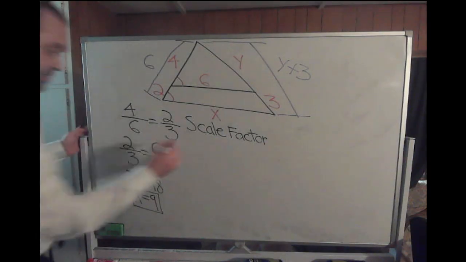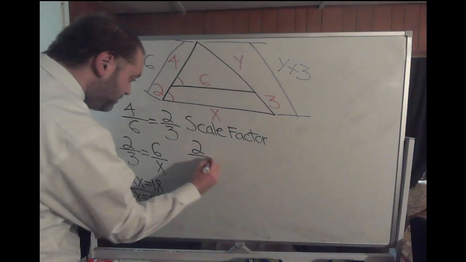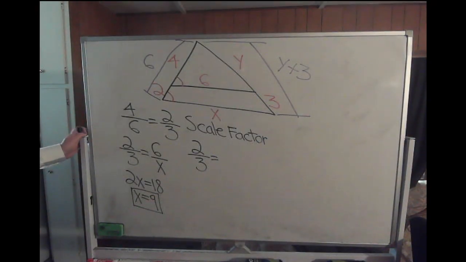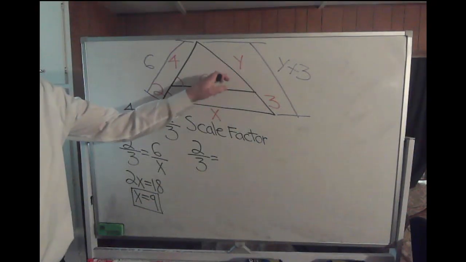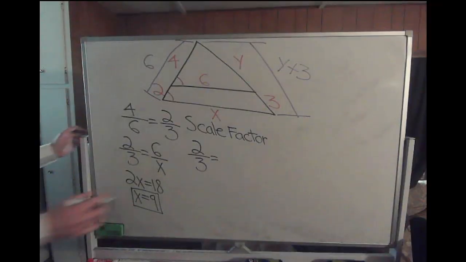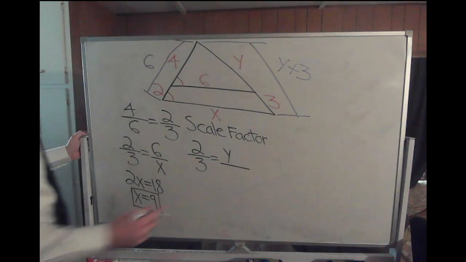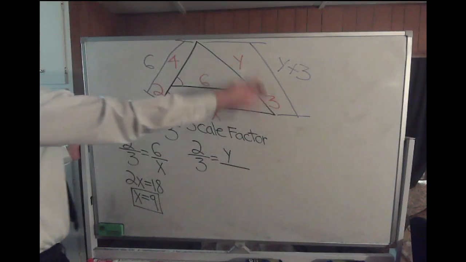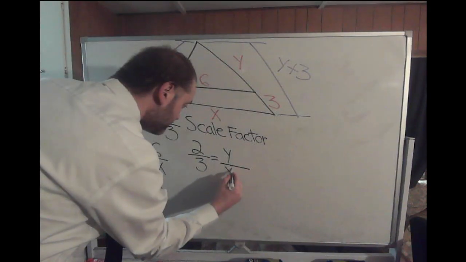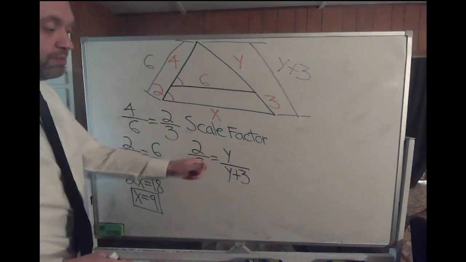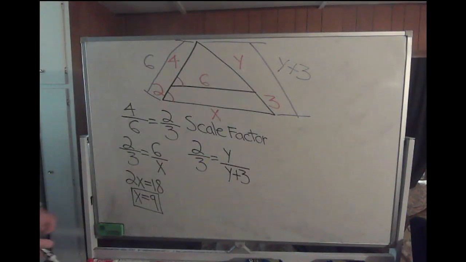Well, still take your scale factor. That's going to be 2 to 3. That's going to be equal to the length of this side here for the smaller triangle, which is simply y, over the length of the whole side for the whole triangle, which would be y plus 3. So now you have a variable in both the numerator and denominator of the second ratio. Well, take your cross product.